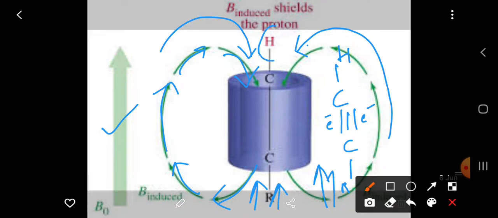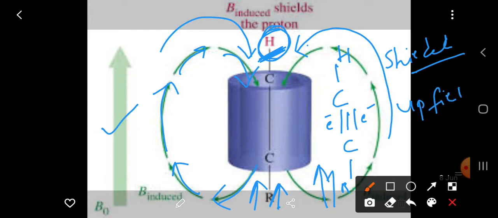so this proton is said to be a shielded proton. This proton feels less external magnetic field, so you need to increase the external magnetic field, so it is called the upfield effect.